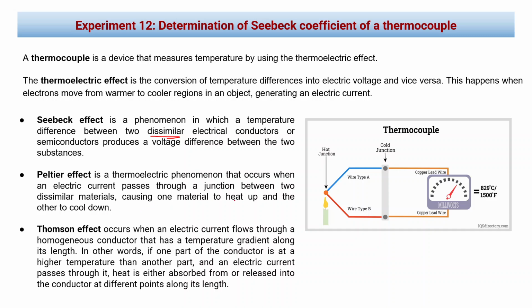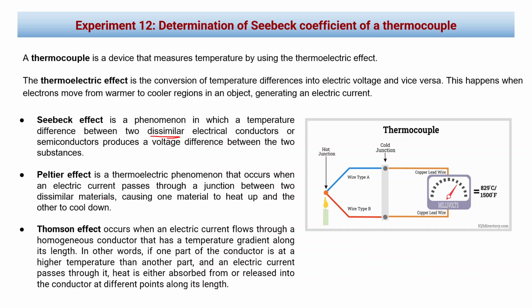So consider that there are two different types of materials attached at one end, and now we are passing current through this. Because of the difference in electrical conductivity, there will be heat generated.